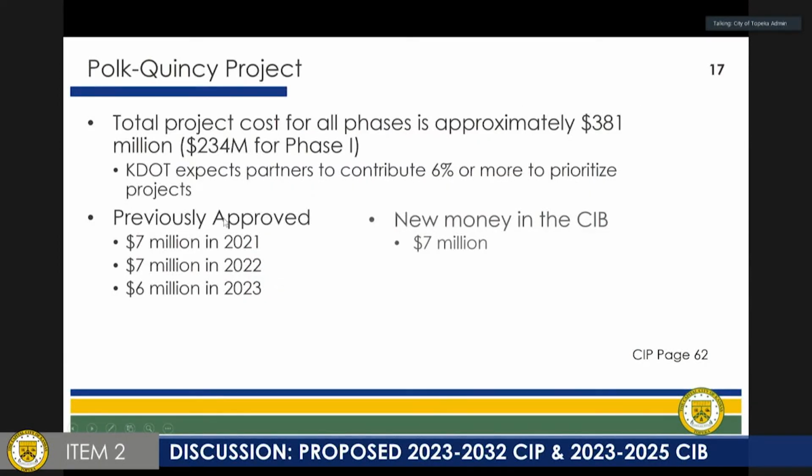The Pulp Quincy project is one of those 3. Council has previously authorized $20 million for the Pulp Quincy viaduct. We know that between some street work and some utility work that is not applied, they're not applying credit for our expenses on it from KDOT.